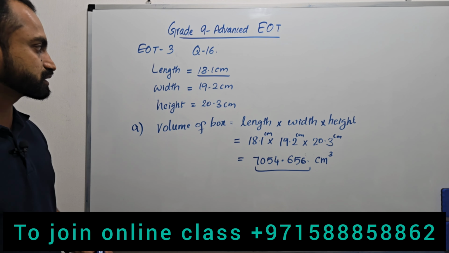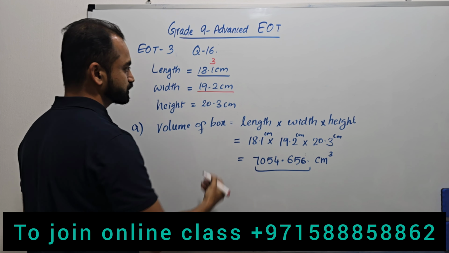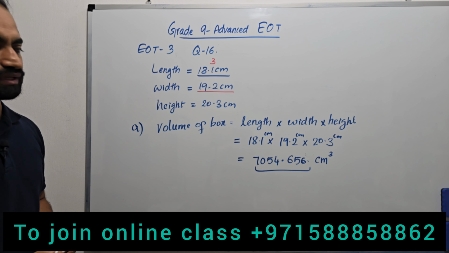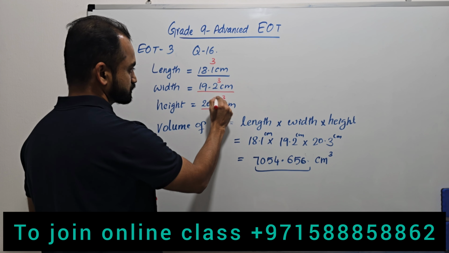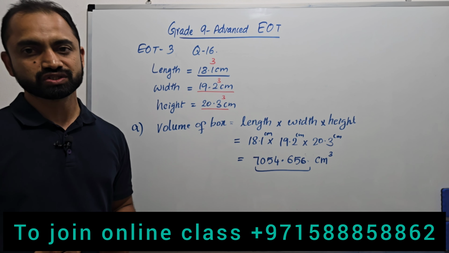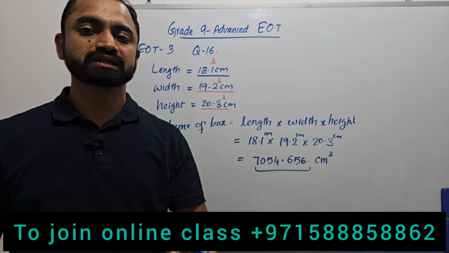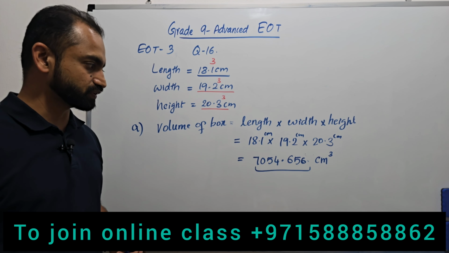Very good, 3. In 19.2, also 3. In 20.3, significant figures is 3. So we need to round the answer to 3 significant figures.